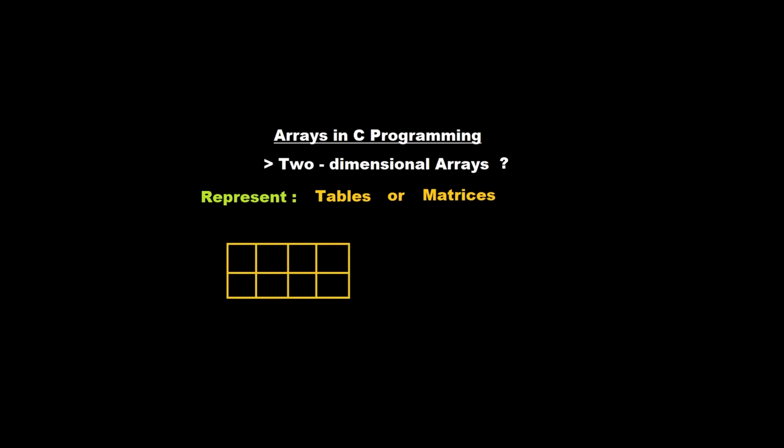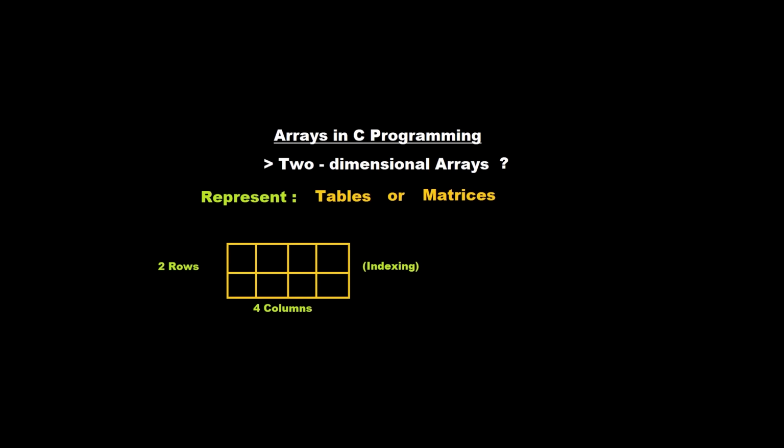Here in the figure, you can see this is a matrix. It has rows and columns, particularly 2 rows and 4 columns here. In this type of array also, we have indexing, with the help of which we can refer to a certain row and column.